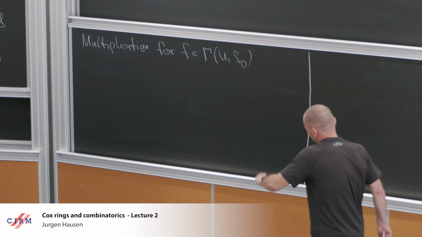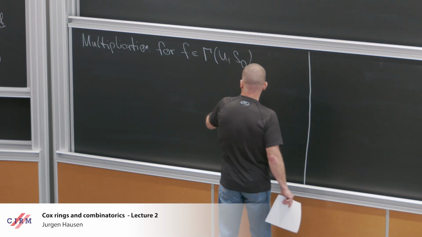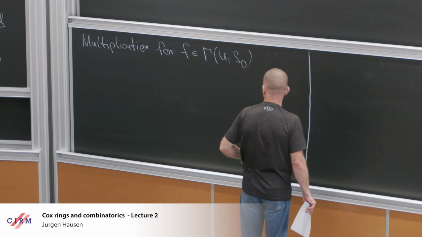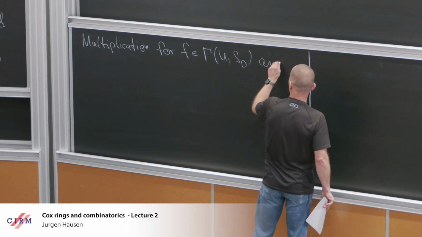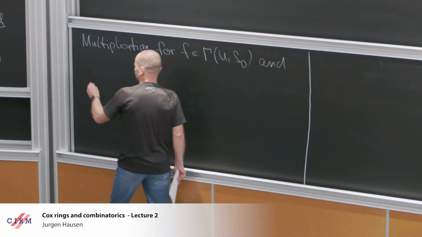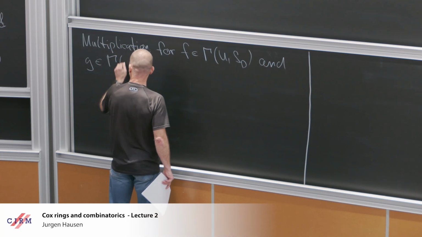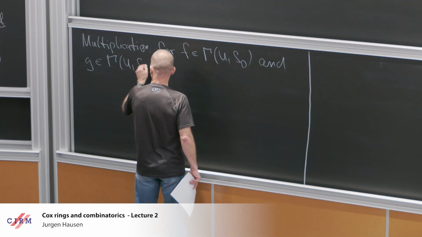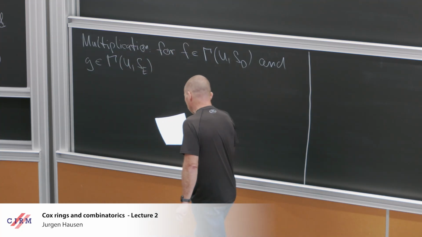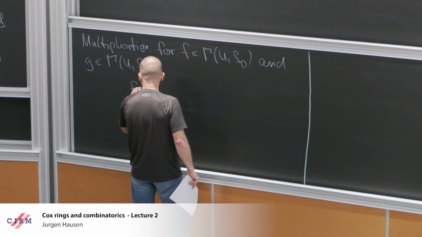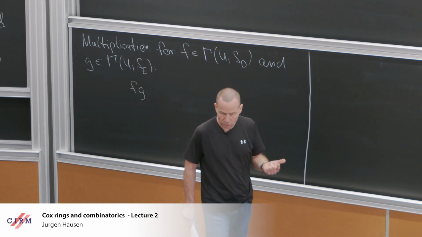over U, it has a divisor such that the sum is bigger than 0 here, and maybe another function g living in another homogeneous component. And what can we say? We are in the function field and we can take the product of these functions.